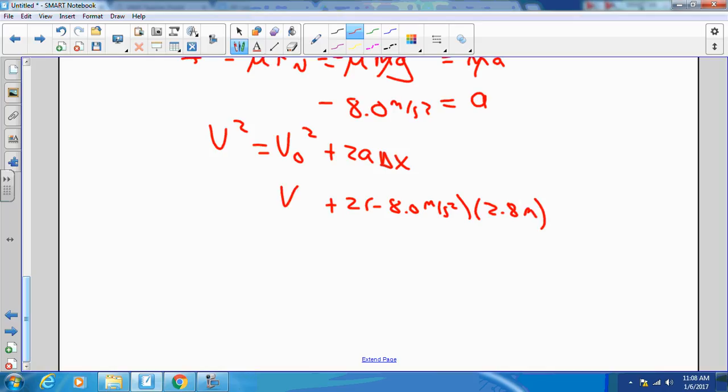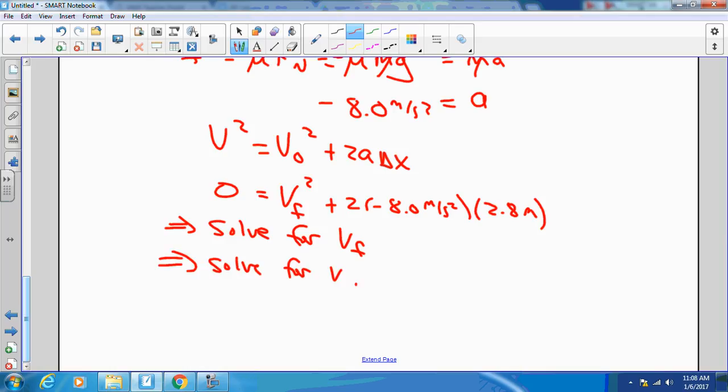And V0 was our V final from before. And we have the final velocity is 0. And so we solve for V final. And you get exactly the same V final that we got in the previous one. And you work backwards to solve for V. Good.